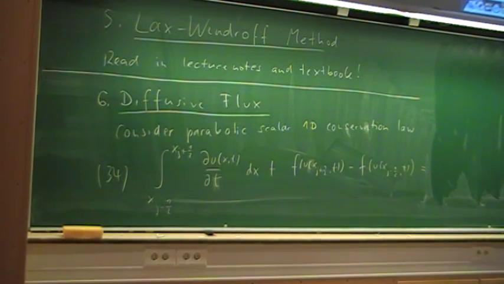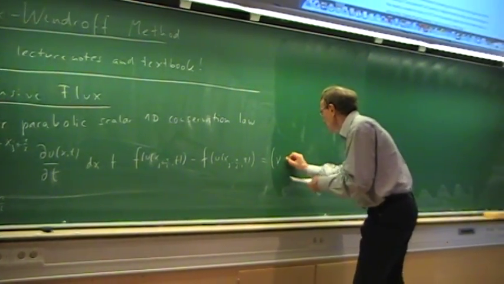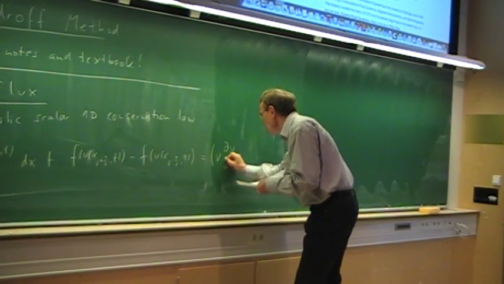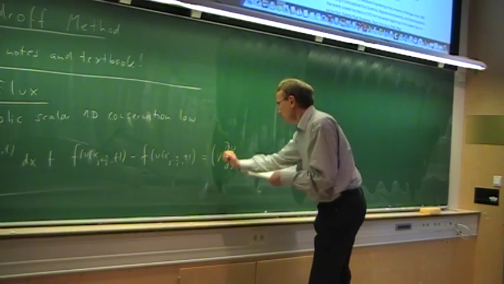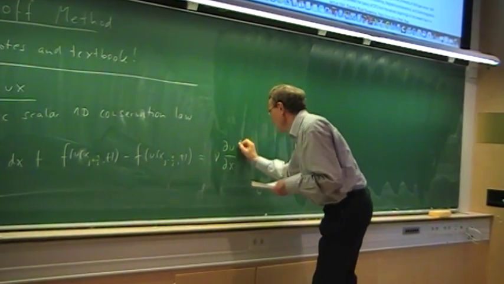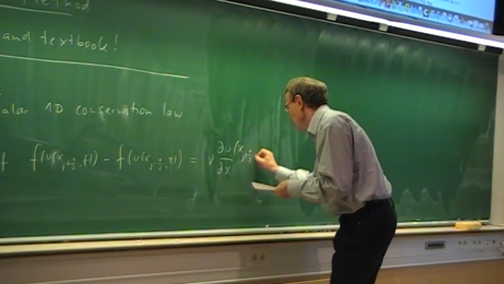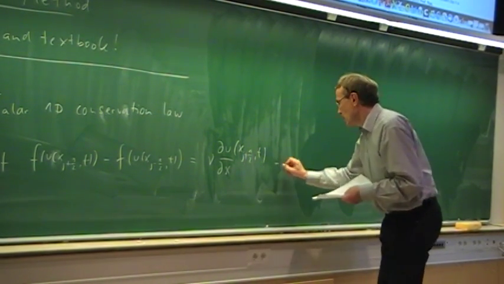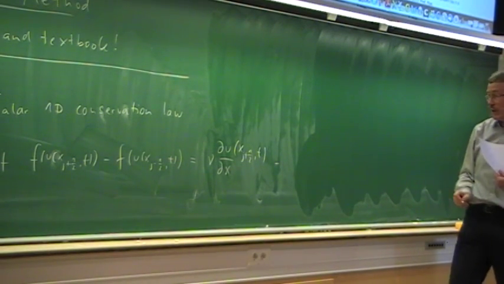Now we have the viscous fluxes here. So we have the nu, and we have the du dx, also in this form. Then we have this at x_{j+1/2}, t. So that is the viscous flux at the phase j plus 1/2.